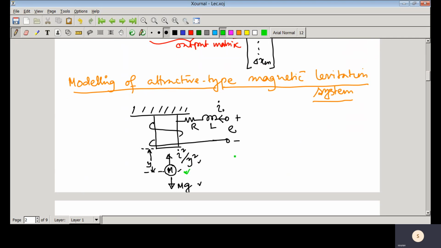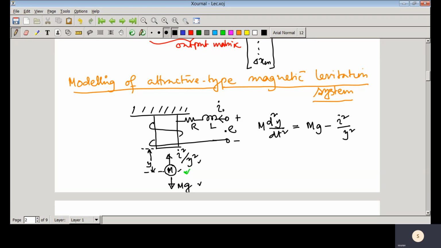First we would like to derive the mathematical model of this particular system. This is a physical system, and first we write the force equation: m d2y by dt2 equals mg minus the magnetic force I square by y square.